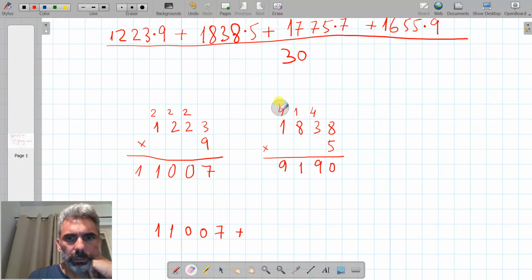Let's solve it once more to see that I don't make a mistake. 8 times 5 is 40. 5 times 3 is 15, plus 4 is 19. 5 times 8 is 40, plus 1 is 41. And 5 times 1 is 5, plus 4 is 9. So we add 9,190.